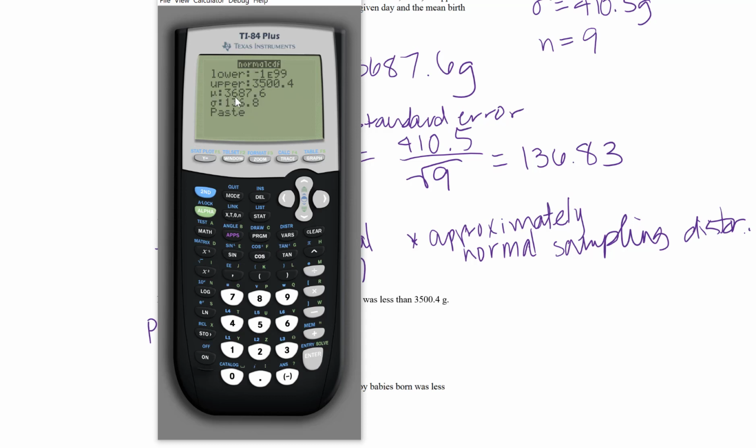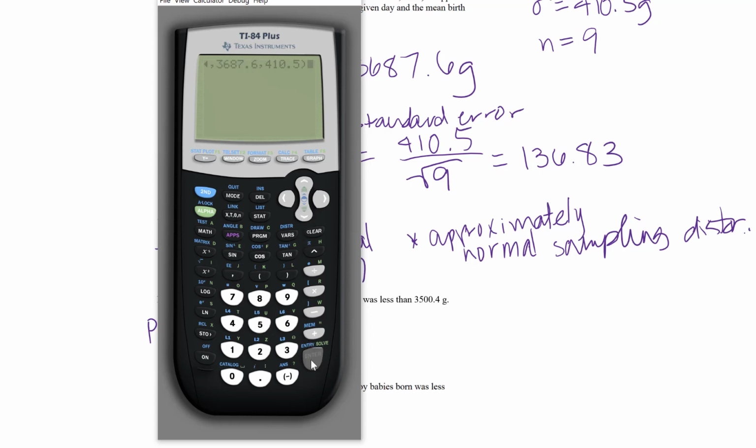My mean is given as 3687.6, and my standard deviation, I'm not going to use the standard error version. I'm just using my regular old standard deviation 410.5. Remember, we're not doing central limit theorem on this question.